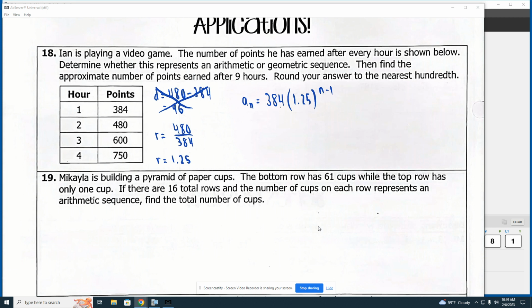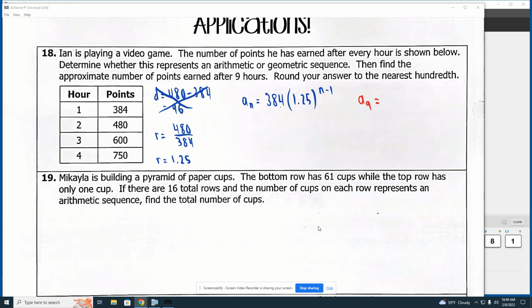Are y'all with me? So what does the question ask? Find the approximate number of points earned after 9 hours. Guys, is that all of them or just 9? It's just 9. So we're finding a sub 9.